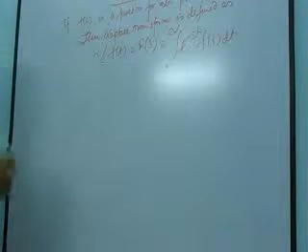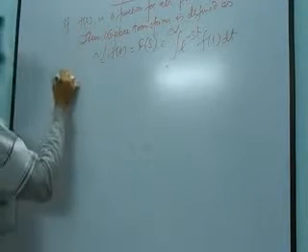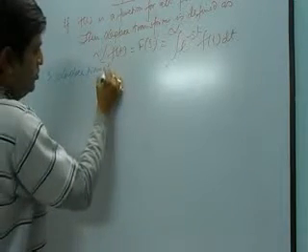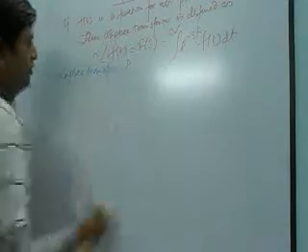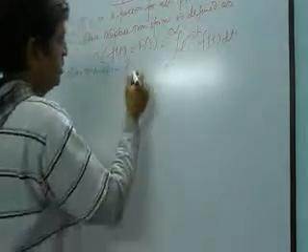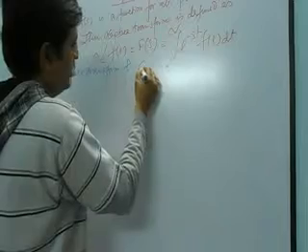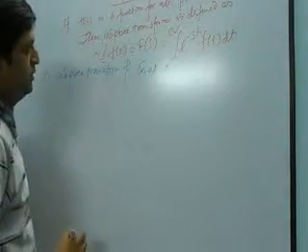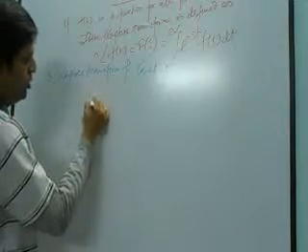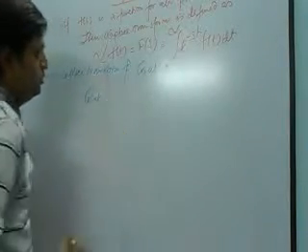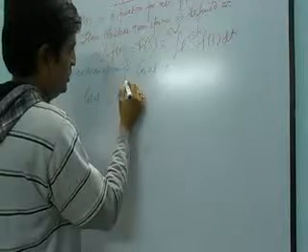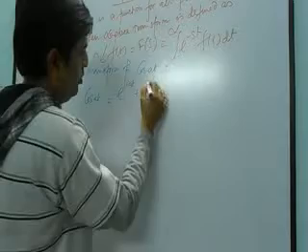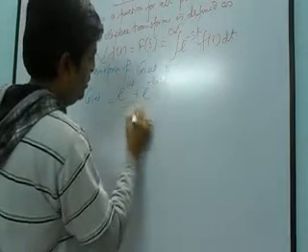Now number 3, Laplace transform of cos at. Cos at is equal to e to the power iat plus e to the power minus iat divided by 2.